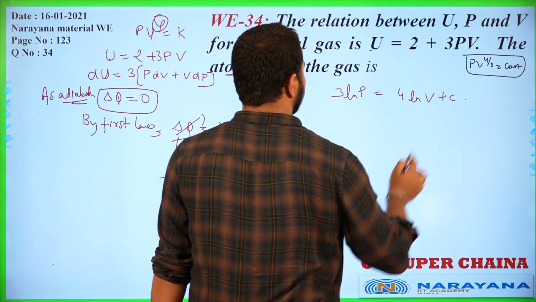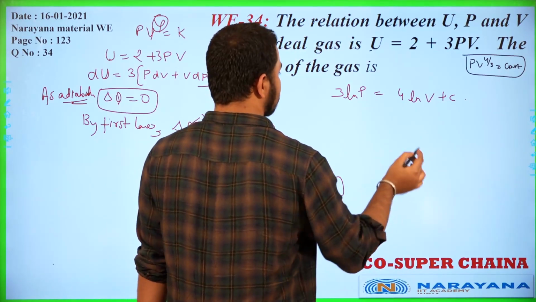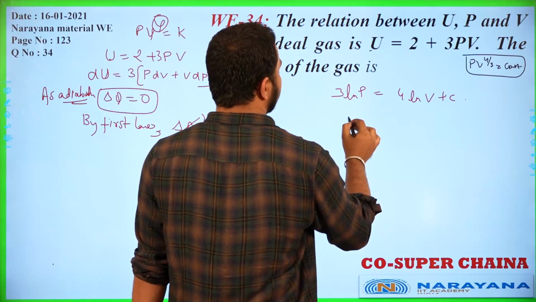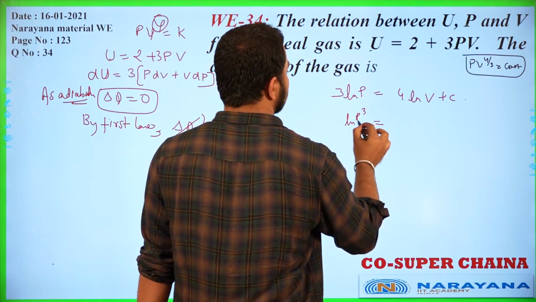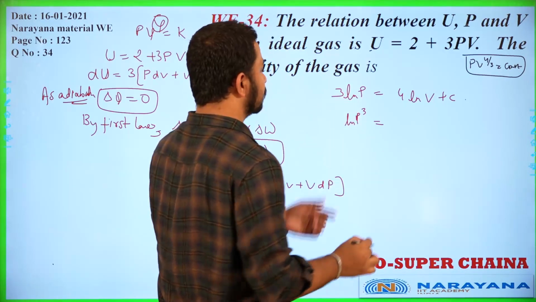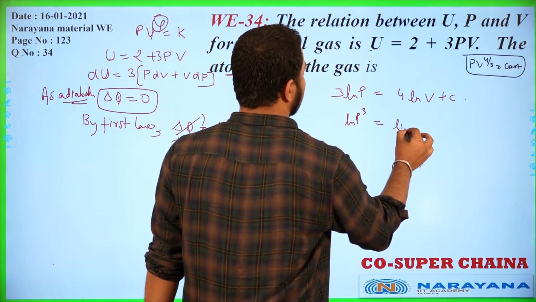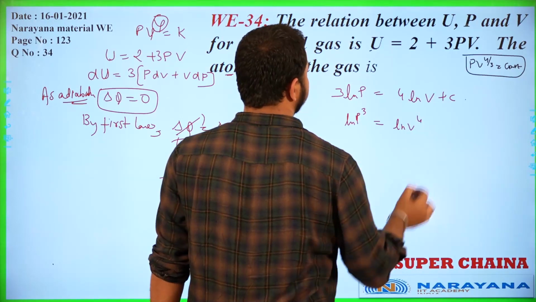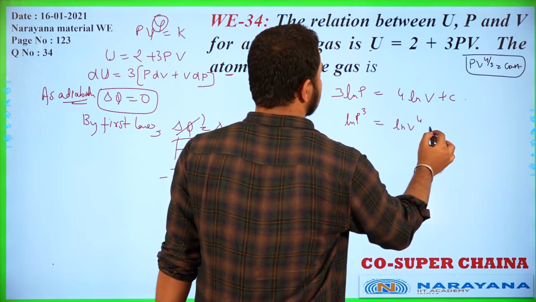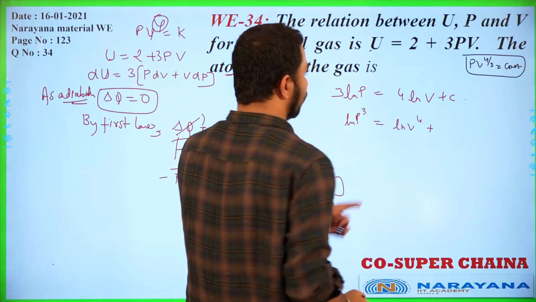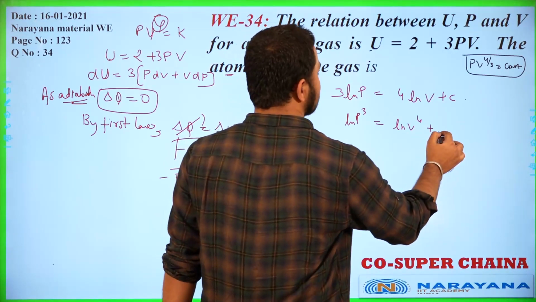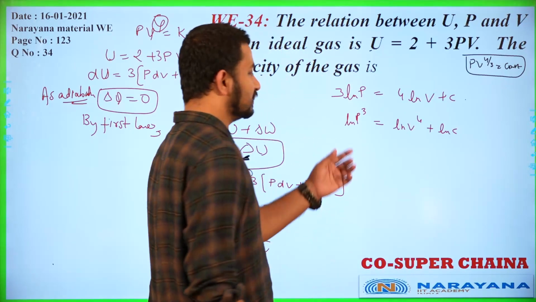If we check the signs here, this power will go up. So ln P to the power 3 is equal to ln V to the power 4 plus this constant. This constant can be written as ln C only.